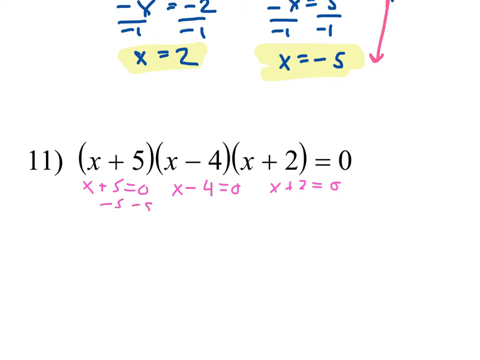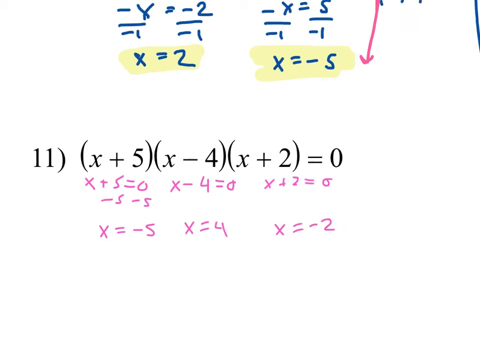Subtract 5. So x is equal to? -5. What about our second equation? So what's x equal to? X is equal to +4. And then our third one? Awesome. X is equal to -2.